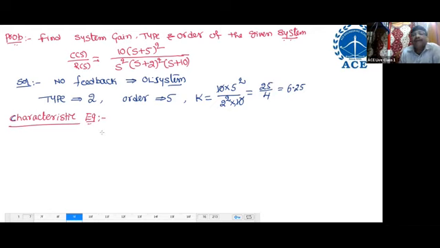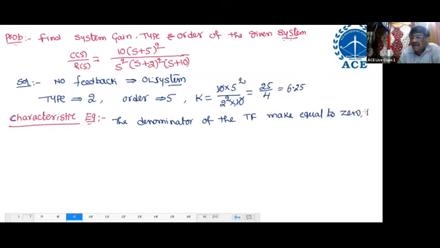Why is it called the characteristic equation? The characteristic equation gives the system characteristic, the system behavior. The characteristic equation means the denominator of the transfer function made equal to 0.